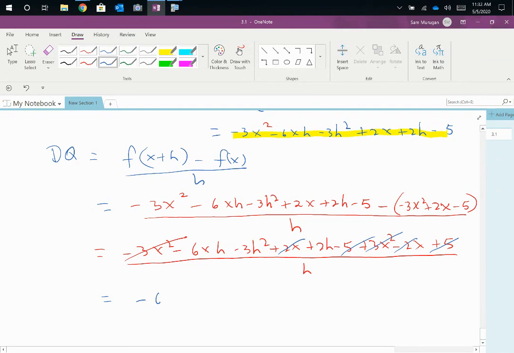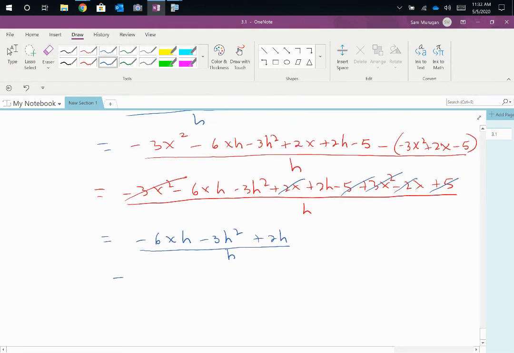That leaves us with negative 6xh minus 3h squared plus 2h over h. Factor out the common h on the numerator. We have h times negative 6x minus 3h plus 2, divided by h. And that leaves us with our answer, negative 6x minus 3h plus 2.